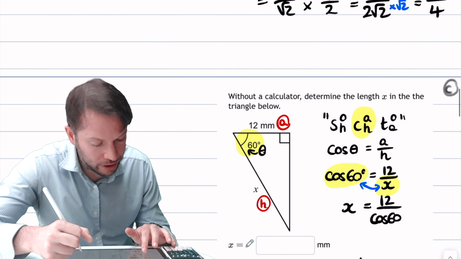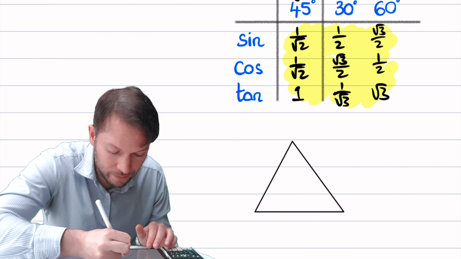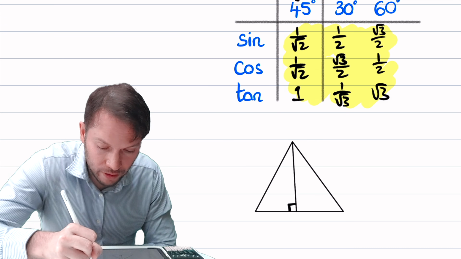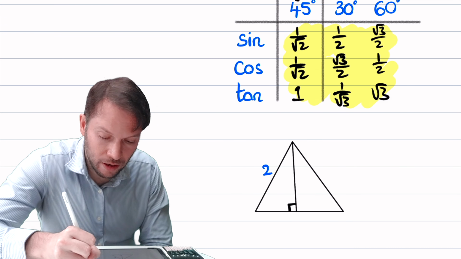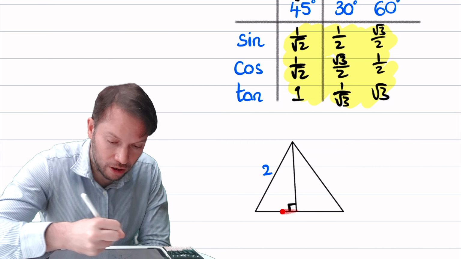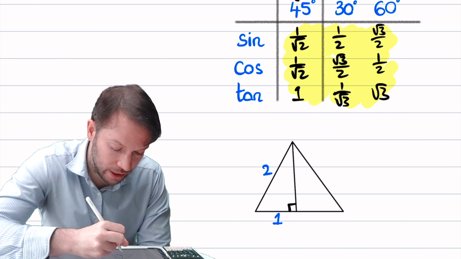So we want to work out cos of 60. So we're going to do an equilateral triangle of side length 2, cut it in half like this. So we said it's side length 2. Now, because it's an equilateral triangle, if that whole thing is 2, that's half of it, which is 1. And then remember, we use Pythagoras to find the other length.